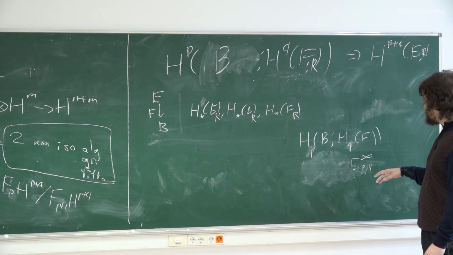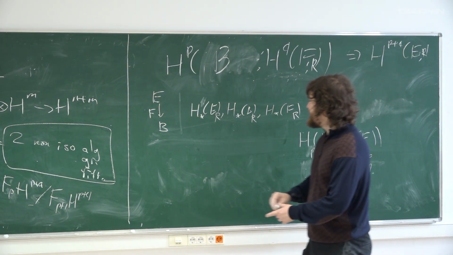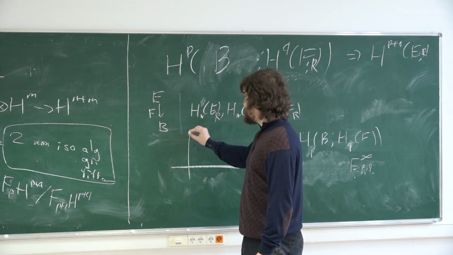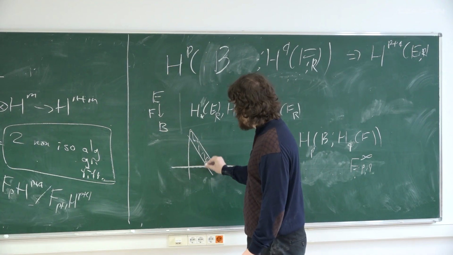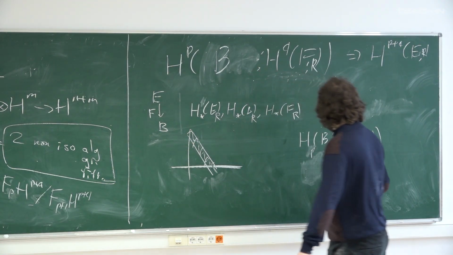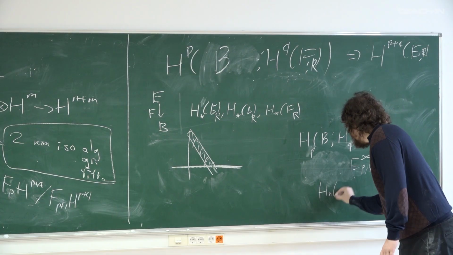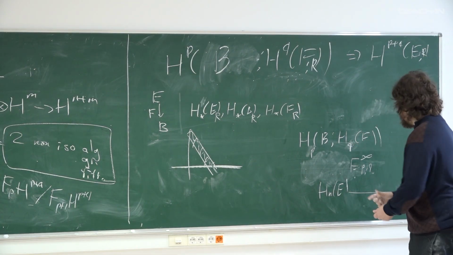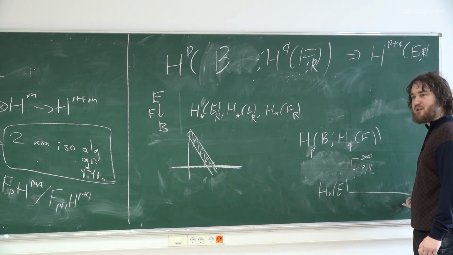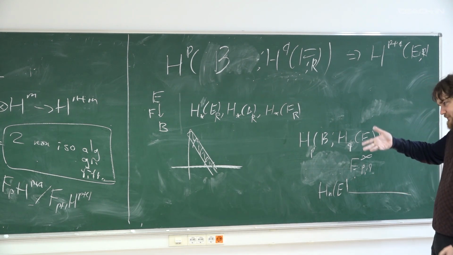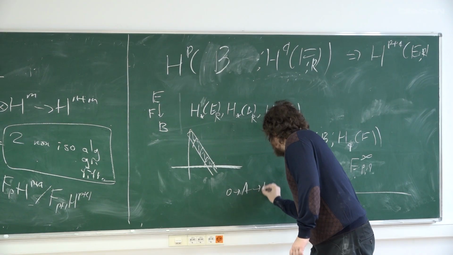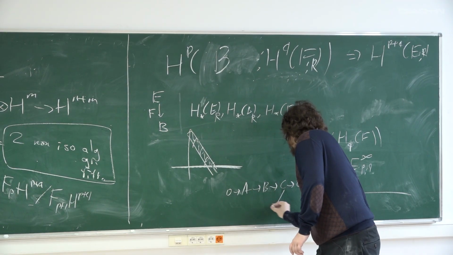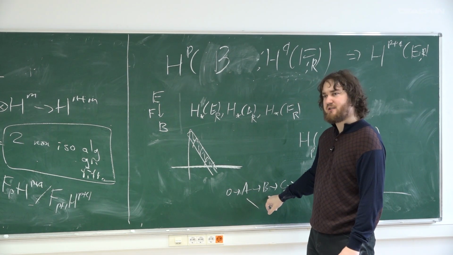And so in each grading, because my spectral sequence is first quadrant, each diagonal is finite. So in each degree I have a finite filtration of my target, of my homology of E, and in each step it's a finitely generated quotient. And again, it follows from this: if I have a short exact sequence, and these two are finitely generated, then the middle is finitely generated.